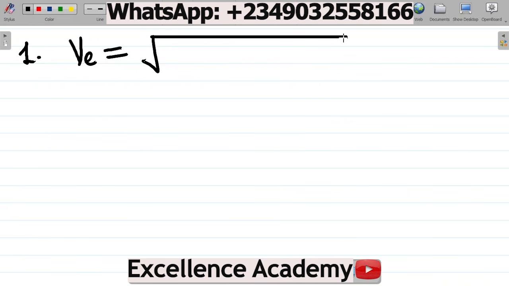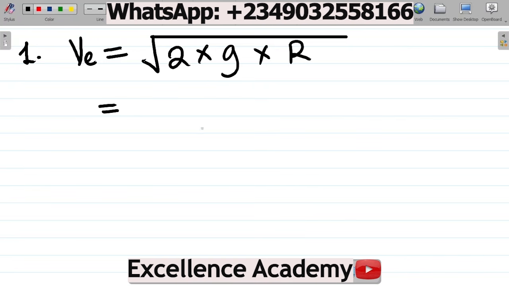For question 1, you're asked to calculate the escape velocity. And the formula for escape velocity is VE, right? The E means escape, V means velocity. So VE, escape velocity, is simply equal to the square root of 2 times G, acceleration due to gravity, times R, radius of the Earth.